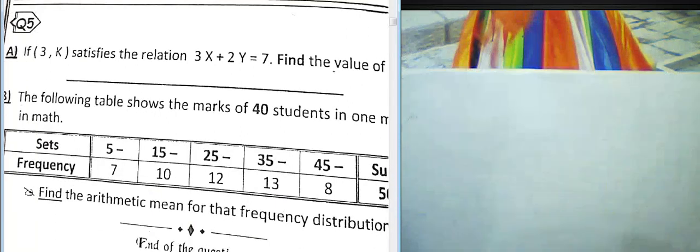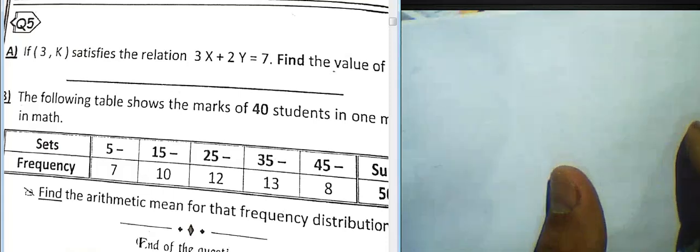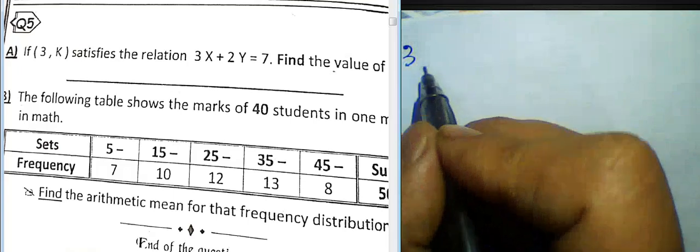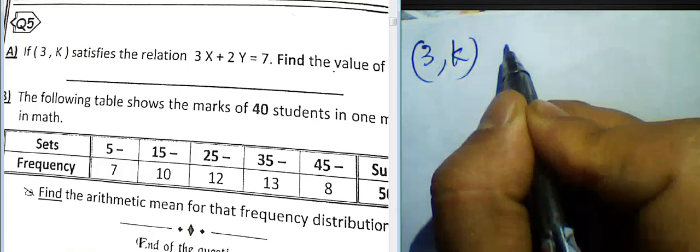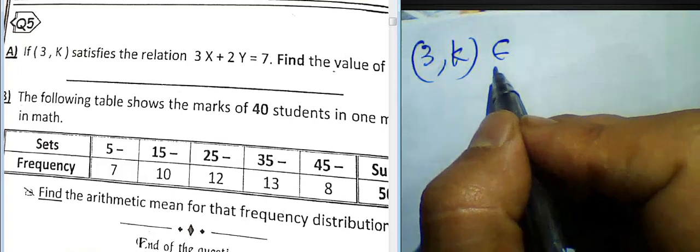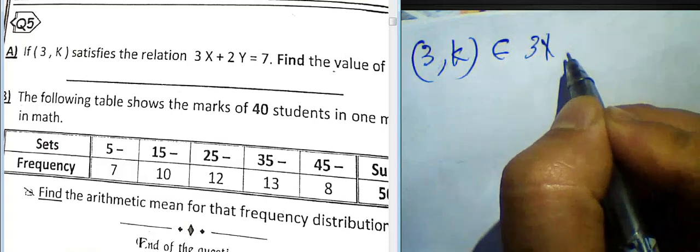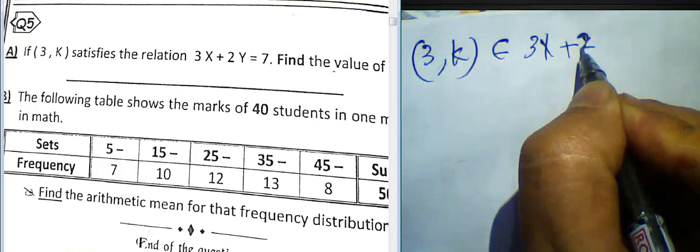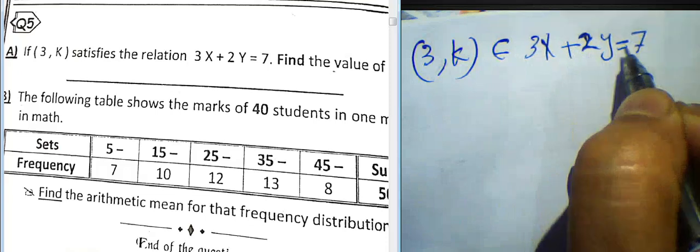First, we can find the value of k by putting the point in this relation. Put x equals 3 and y equals k, and so you can find the unknown. Look here, (3, k) belongs to 3x plus 2y equals 7.